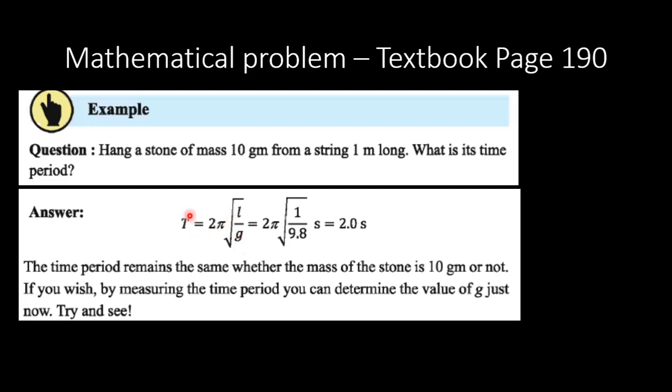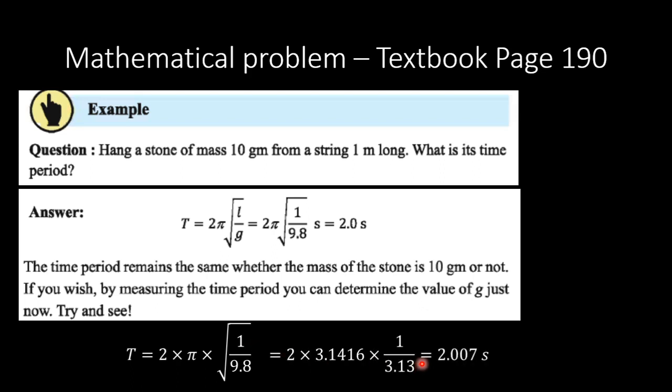When we calculate the time period T, we put t equal 2 pi root over L by g, so instead of L there is 1 meter and instead of g there is 9.8 ms inverse 2. We get approximately 2.007 seconds, or 2 seconds, as the time period.